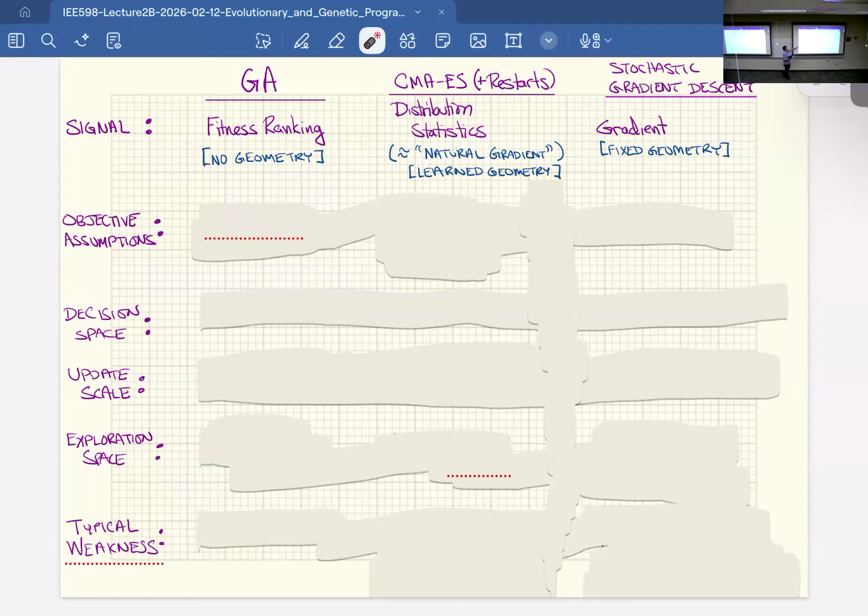And that's going to be a major problem with gradient descent. Gradient descent doesn't do that, and that gets you into trouble if you don't have a really well-conditioned optimization objective. And then gradient descent gets all its information from the gradient. It doesn't learn a geometry. It has this fixed geometry that you've provided it. Here is the gradient. Here is the curvature. Use it. All right, so that's information sources.